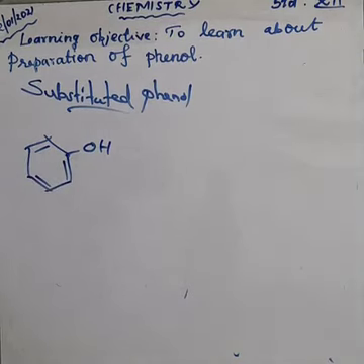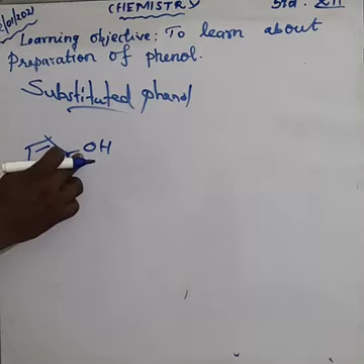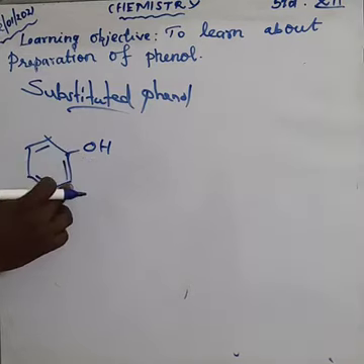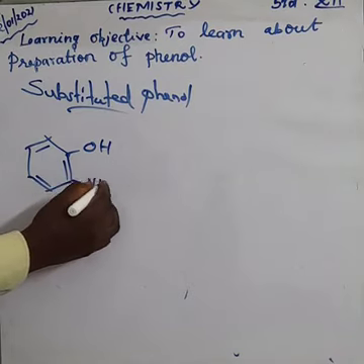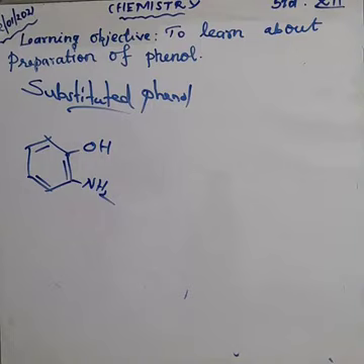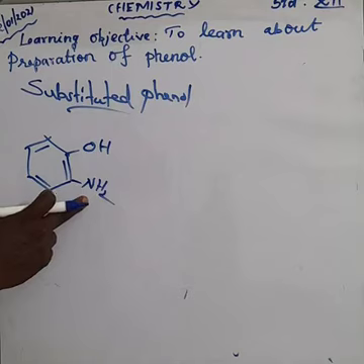Don't forget that. This is the functional group, the nearest is ortho. Okay, so I am giving one NH2 group. What is the NH2 group? Amino group. NH2 means amino. So the ortho position having amino.